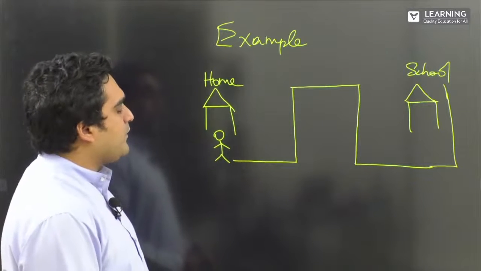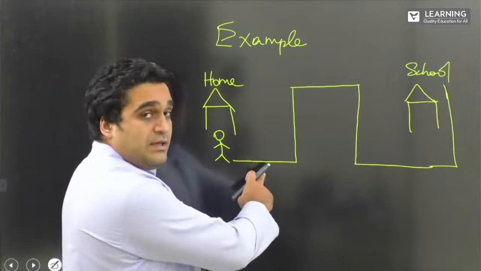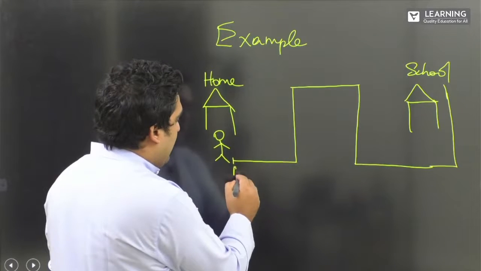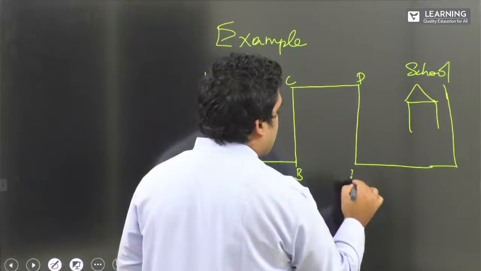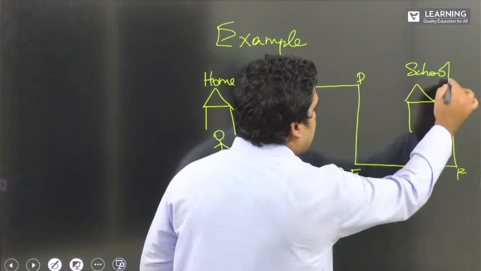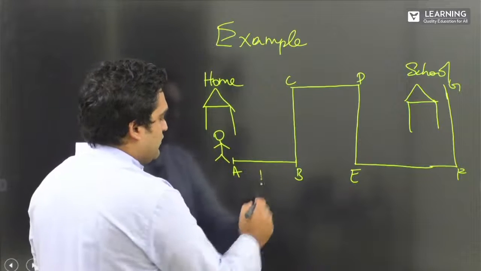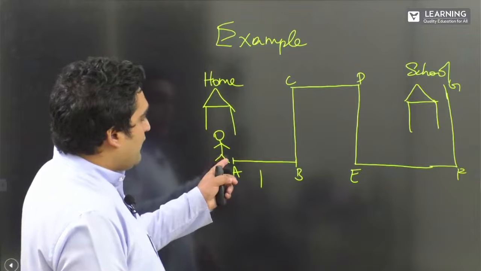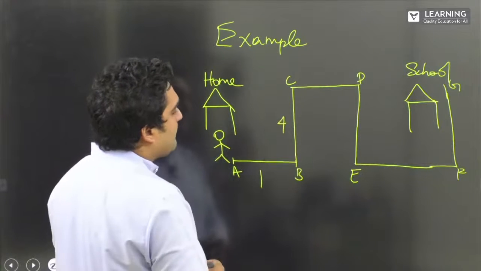Right. So now the distance from this point, let's say A, B, C, D, E, F, and G. The distance from A to B is 1, and then the distance from B to C is 4.